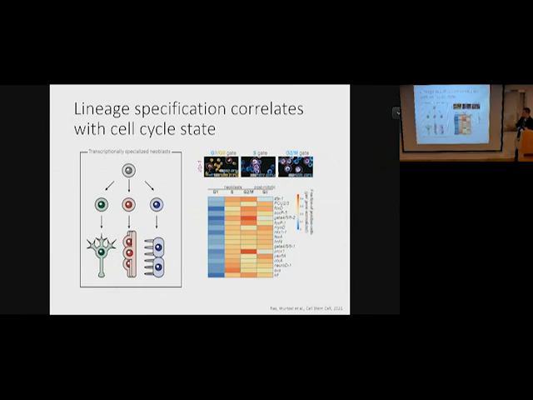The columns represent cells from a particular gate, so G1, S, G2M, or G0, postmitotic cells. The color represents the fraction of cells that was identified to express the lineage marker tested by this in situ, and it's row normalized.